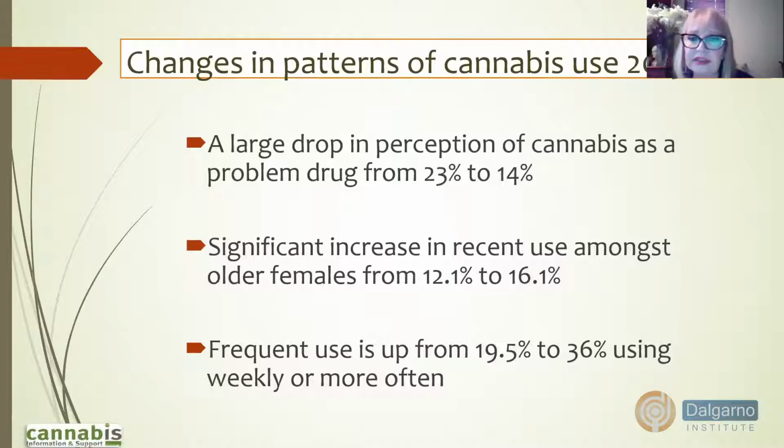We don't have this data for 2019, but just looking at what was leading up to the increasing levels of use measured 3 years later, this is very much what was seen in the US. As the discussion became more positive around cannabis and the lobbyists were working very hard to reduce harm perception and to close down my centre, there was a large drop in the perception of cannabis being a problem drug in the preceding 3 years, and a significant increase in recent use amongst older women as medicinal use was supported by government.